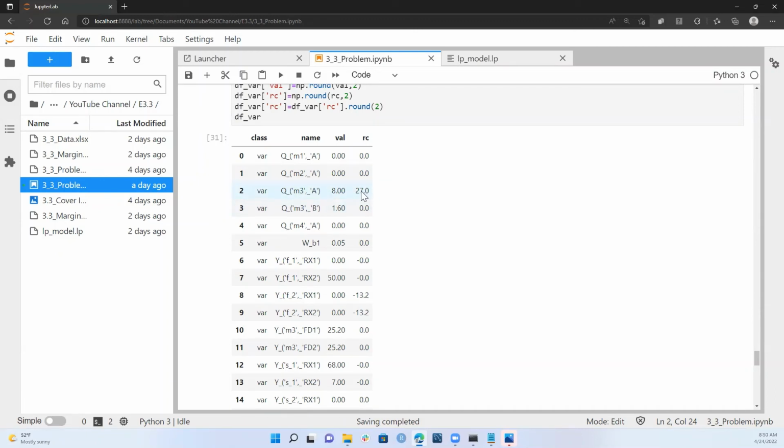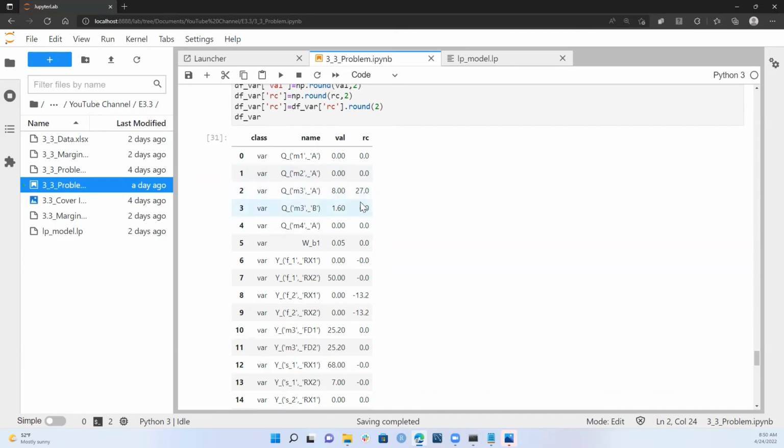If that decision variable is 0 with no upper bound, then you'll get a reduced cost, and that represents the change in profit contribution or objective function coefficient required for the model to choose making more of that decision variable, or choose a value that's not 0. So if you had 0 M3A here and reduced cost of -5, it would say, hey, that price needs to come down by $5 in order for the material to choose it.